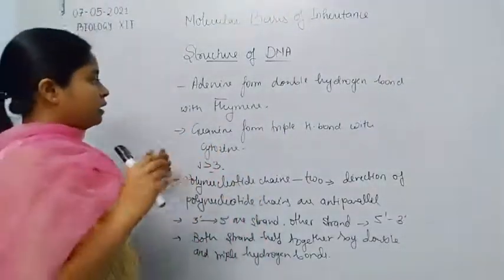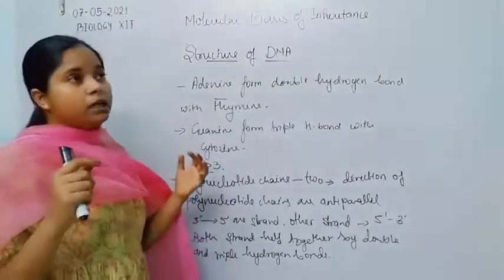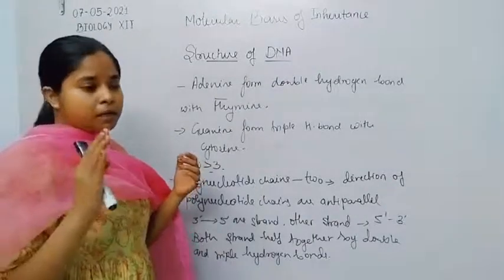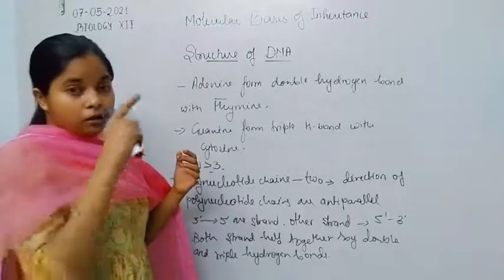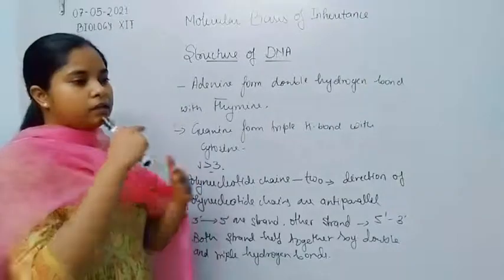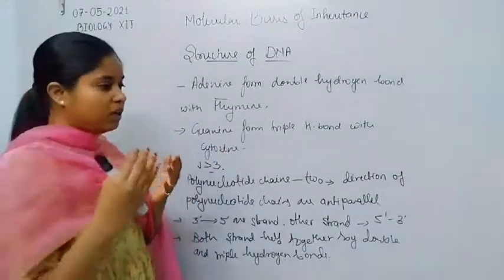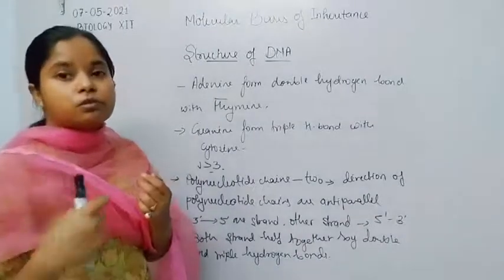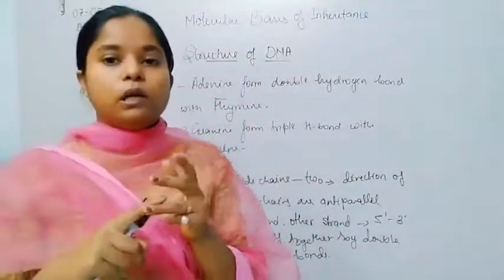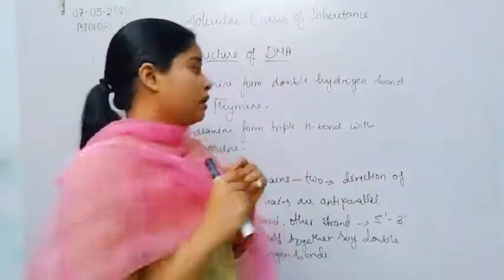Now in B-DNA, every one coil has 10 base pairs, and the length of one coil is about 34 angstrom, and the distance between two nitrogenous bases is about 3.4 angstrom. So in total there are 10 base pairs in one coil.